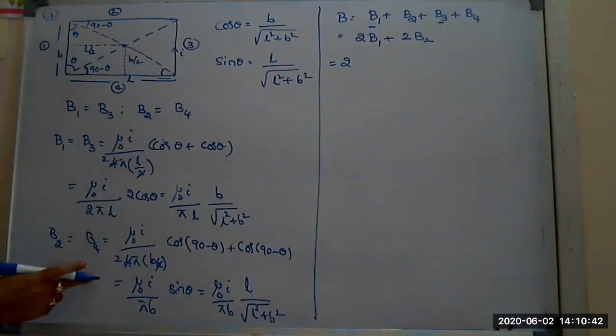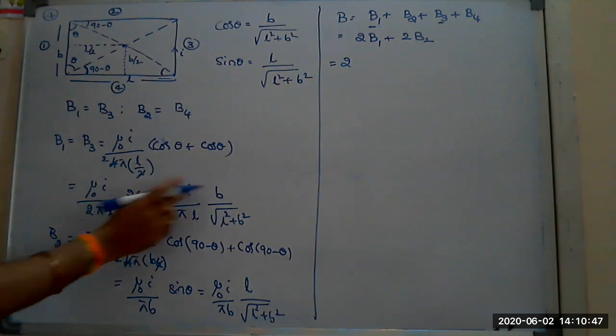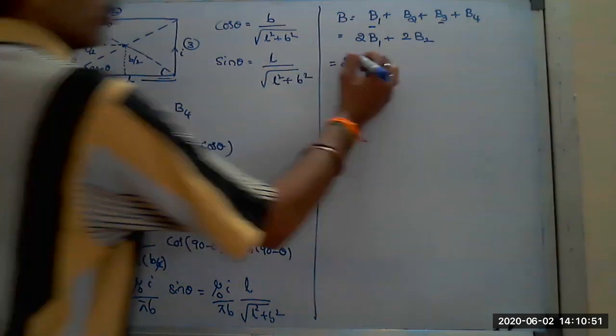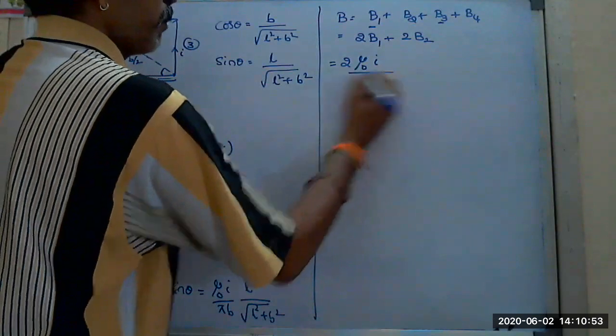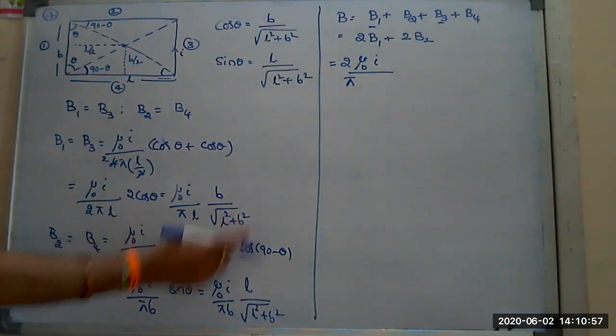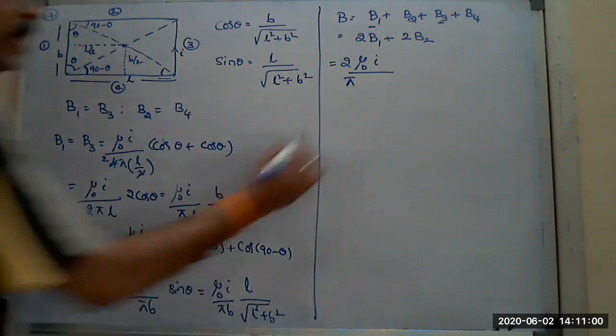In B1 and B2, the common things are mu naught I, and by pi is also common in both. In the denominator, root of L square plus B square is common.